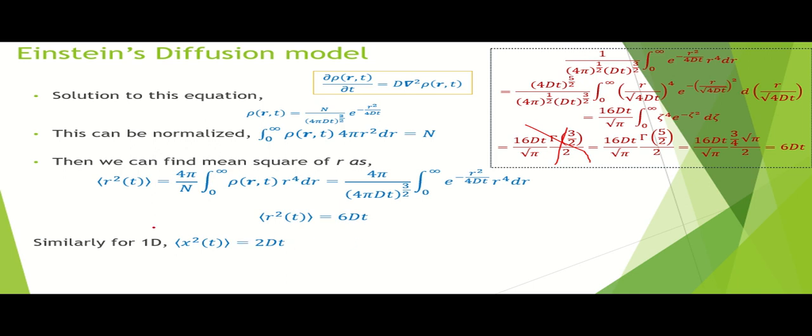So the thing to note here is that the average mean square of position is directly proportional to time. So if you allow the system to be there for a long time, you will see that x square will have the highest value.